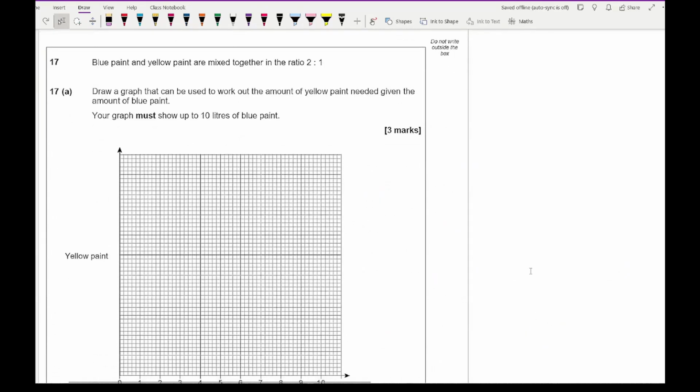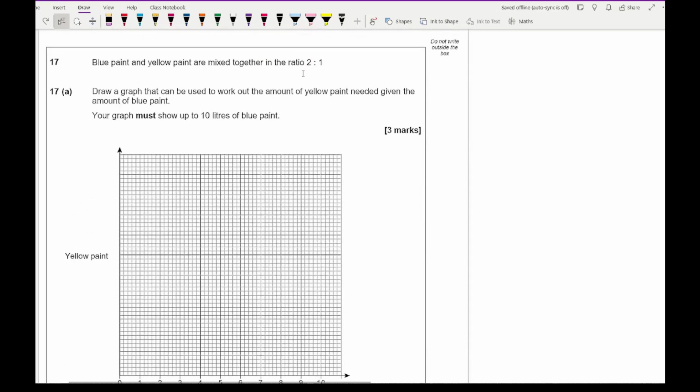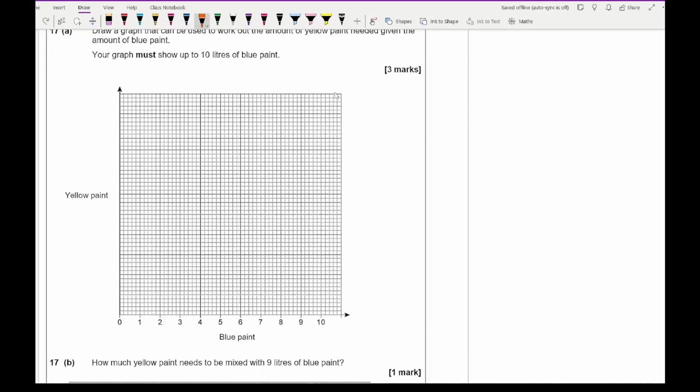Moving on to question 17, it says blue paint and yellow paint are mixed together in a ratio of 2:1. Draw a graph so that it can be used to work out the amount of yellow paint needed given the amount of blue paint. Your graph must show up to 10 litres of blue paint. So for this, for every 2 of blue is 1 of yellow.